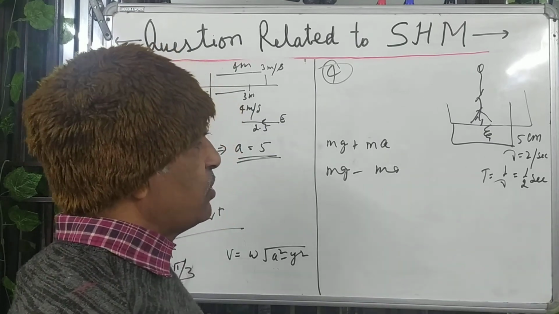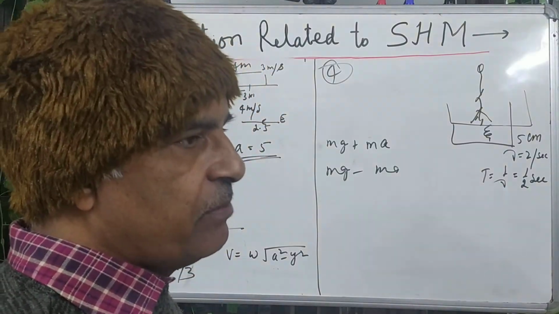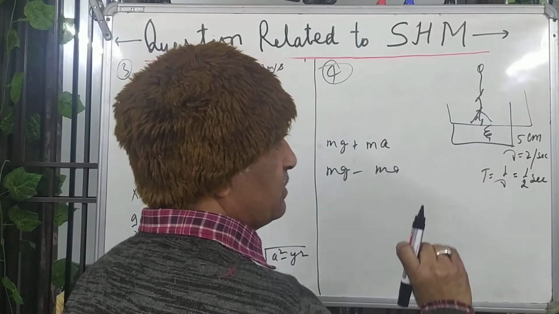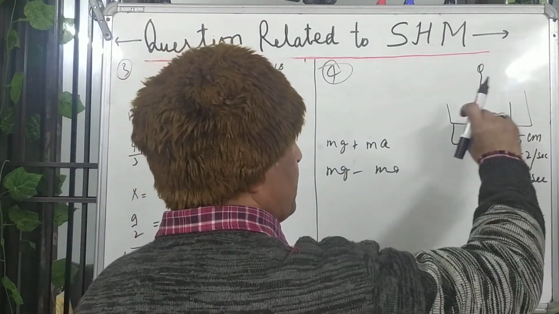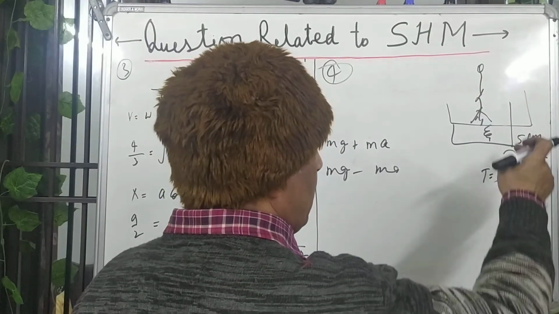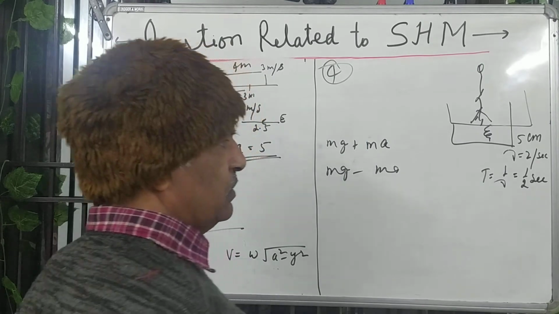Now the question is: what will be the maximum or minimum weight of the man when the machine starts oscillating with the help of a spring? The platform of the weighing machine starts oscillating. The amplitude is 5 centimeter and the frequency is 2.